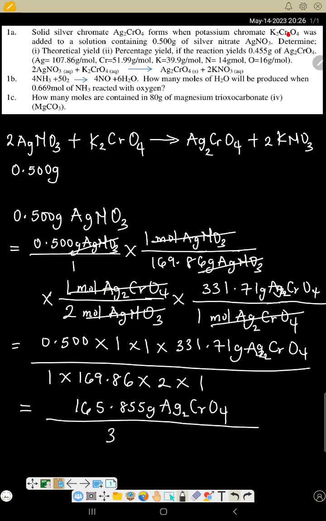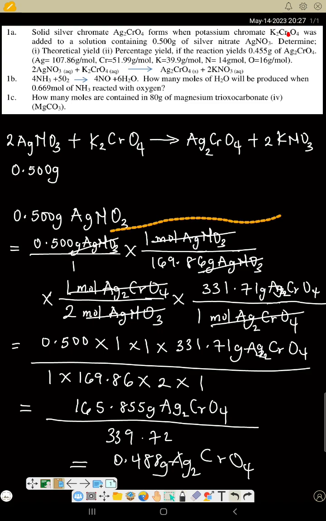That is 339.72. So press your calculator: 165.855 divided by 339.72. That is 0.488 gram of silver chromate, like that.